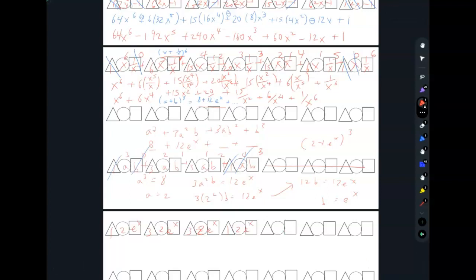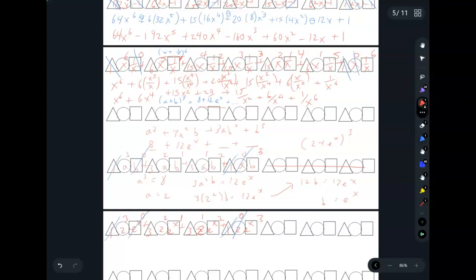Still follows all the rules. Starts with the 3 as the exponent, and then counts down from there. And then we start with 0 and we count up. There's a slight delay on the computer right now. And then I put plus signs in between, and then I cross out things that are 1.